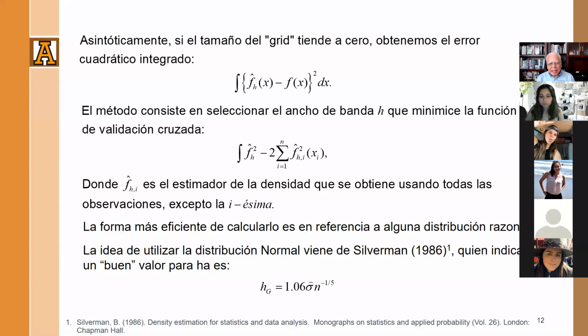The way he did that is he takes the data, removes one observation, and estimates the density for a given value of h. Then with the same data he takes the following observation and estimates the density for the same value of h.